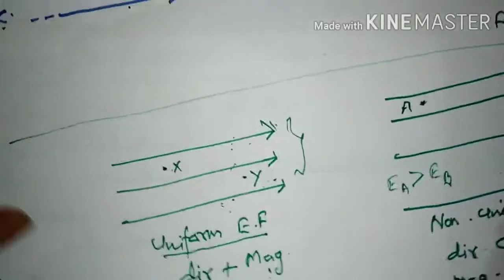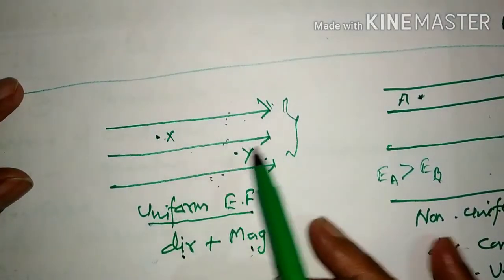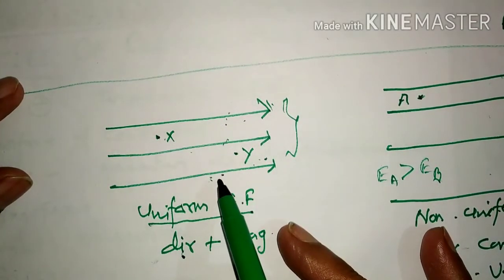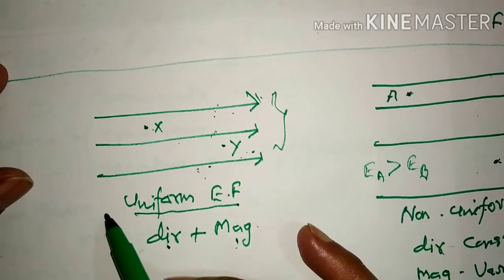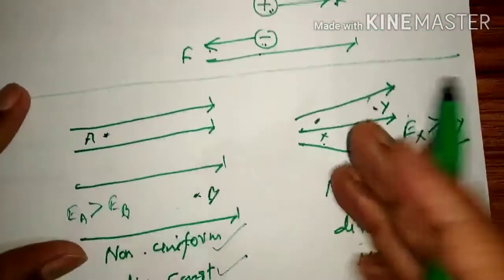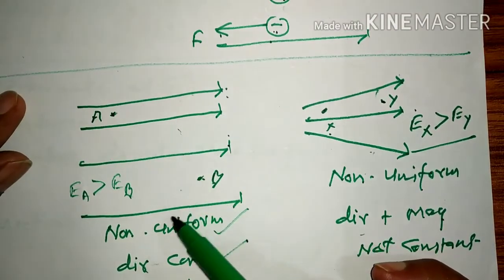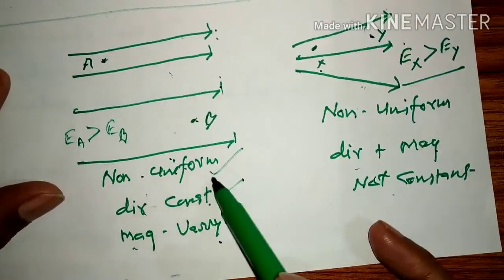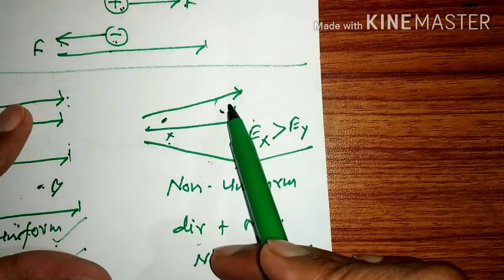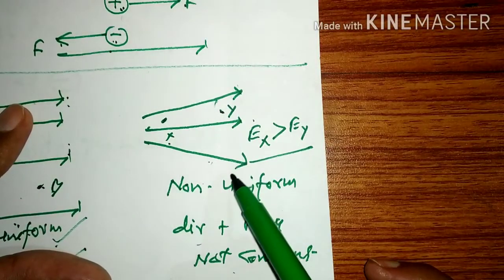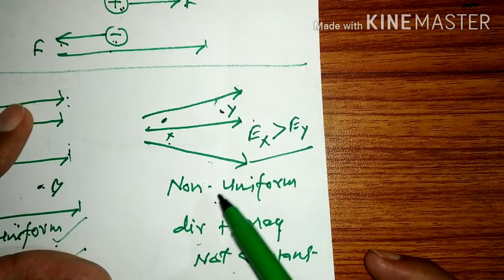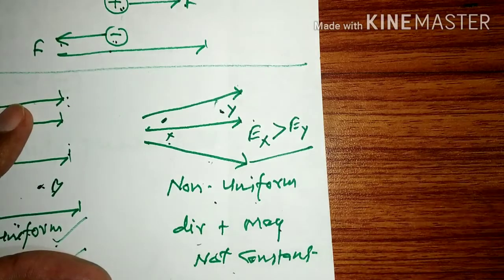So if the electric field lines are parallel and equispaced, then this representation goes for the uniform electric field. If they are parallel but not equally spaced, then they are non-uniform, or if they are converging or diverging electric field lines, then they also represent non-uniform electric field.